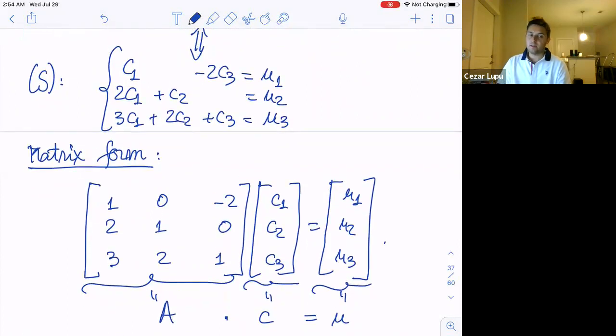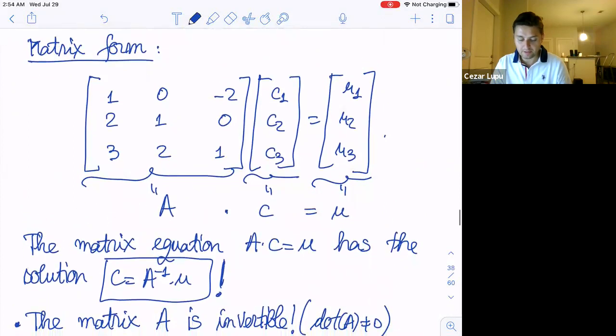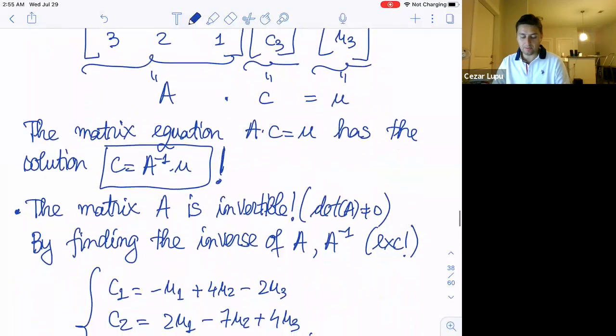And guess what? The same story applies as previously. This will have a unique solution once we know that the determinant is non-zero, therefore the matrix is invertible.